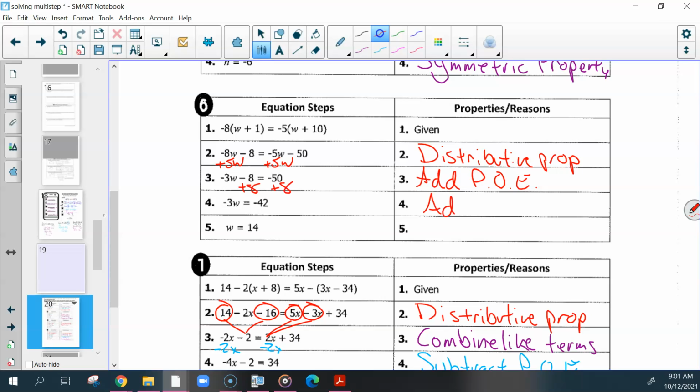So you had addition property of equality twice. And then they divided. The distributive, add, divide. Questions on number 6?